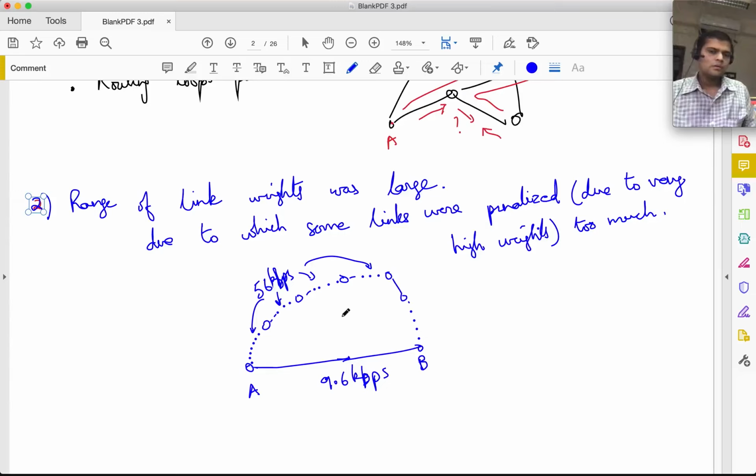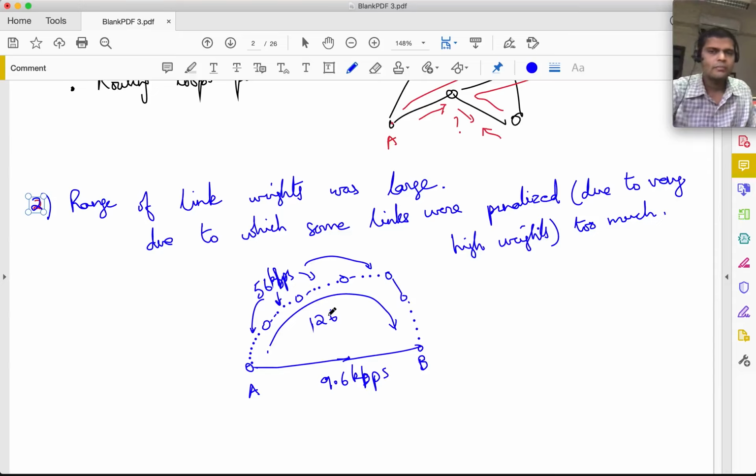What they found is that in certain situations, this 9.6 kbps link might actually have a weight corresponding to 126. Suppose there are 126 of these. Depending on the load and other things, this 9.6 kbps link had the same weight as 126 56 kbps links put together.